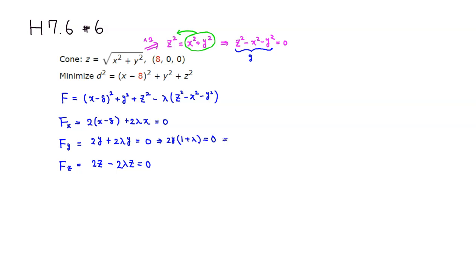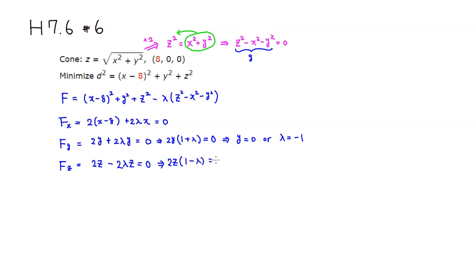So there are a couple of cases. We could have y equals 0, or lambda equals negative 1, so that we can make this factor equal to 0. From the z equation, we can do the same thing: 2z times 1 minus lambda.